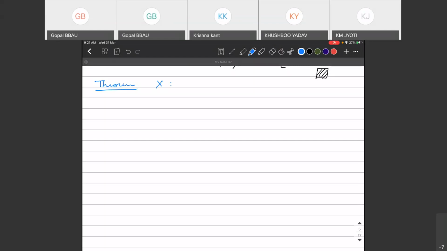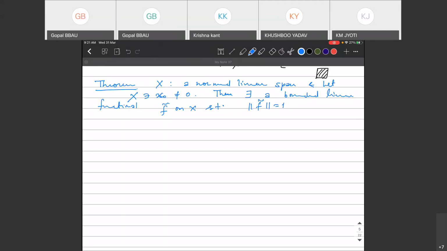We have X, a normed linear space, and x naught, non-zero, any vector in X. Then this theorem says that there exists a bounded linear functional f tilde on X such that the norm of f tilde is 1 and f tilde at x naught is norm x naught.